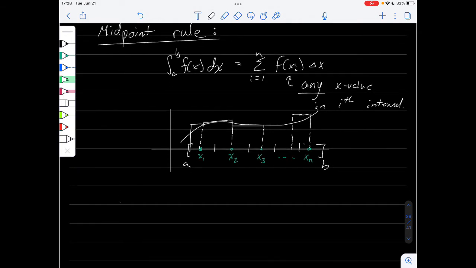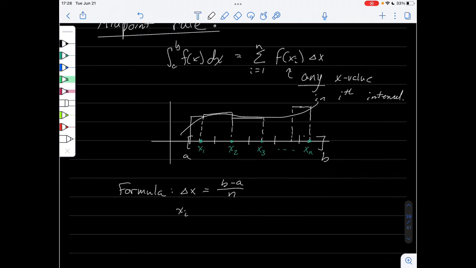Okay, so the formula for this, our delta x is still the same. That's still b minus a over n. But our x sub i is going to be a little bit different. We can go through how to figure out what the midpoint is, but knowing what it is is kind of unimportant. In the textbook I am currently teaching from, they call it x sub i bar.